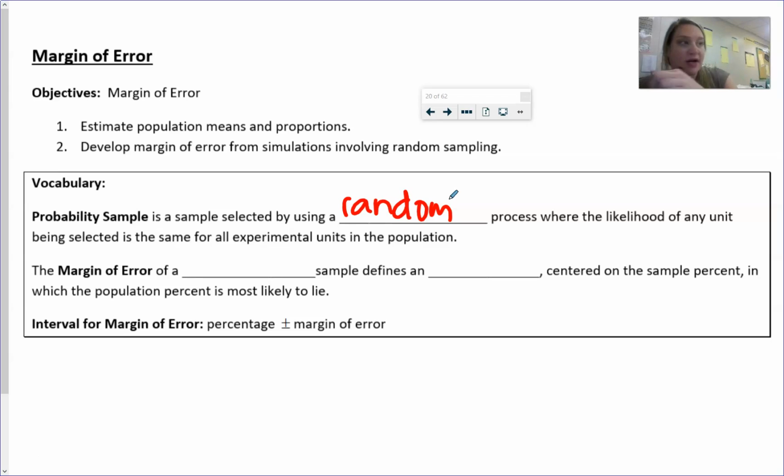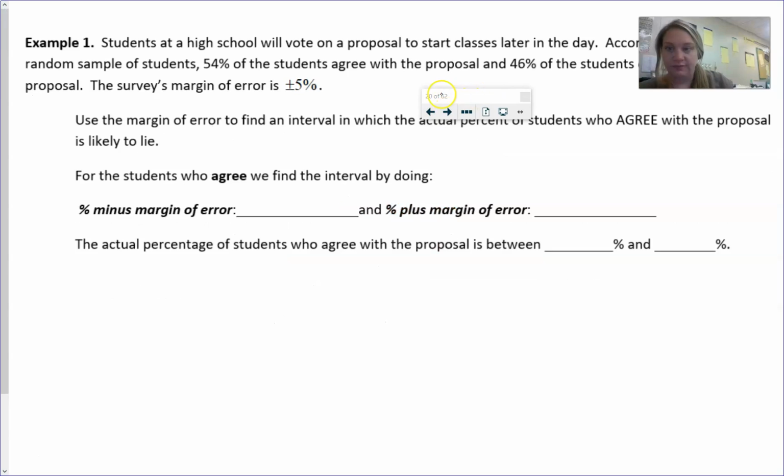The new stuff: a margin of error of a random sample defines an interval, okay, centered on the sample percent in which the population percent is most likely to lie, okay? The interval for margin of error, that's the percentage that you see the plus minus next to on your computer screens, okay? So let's see an example.